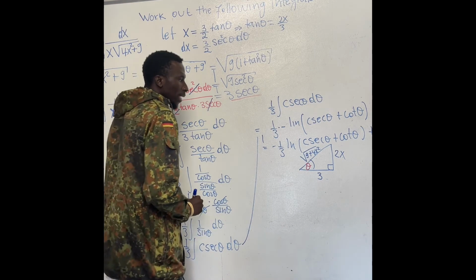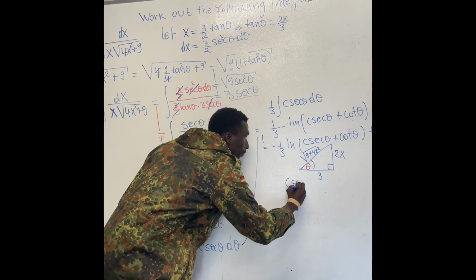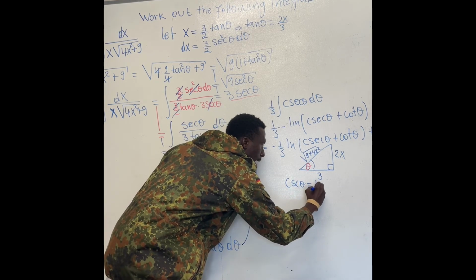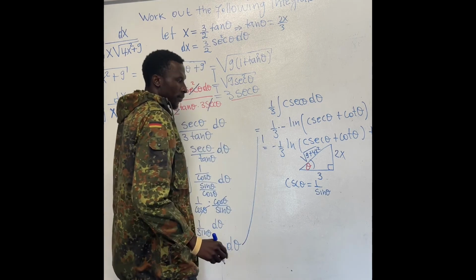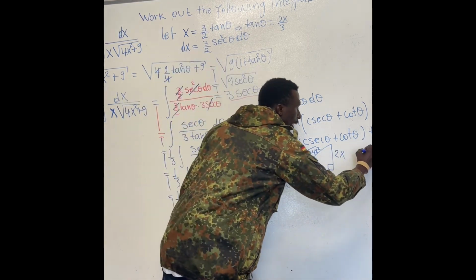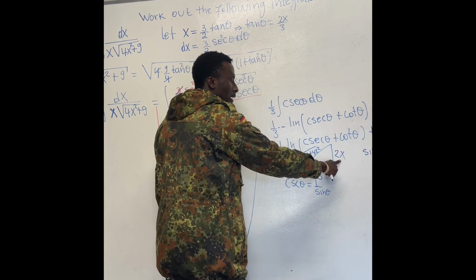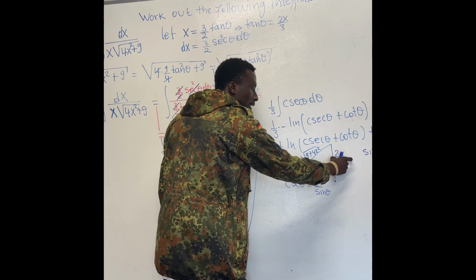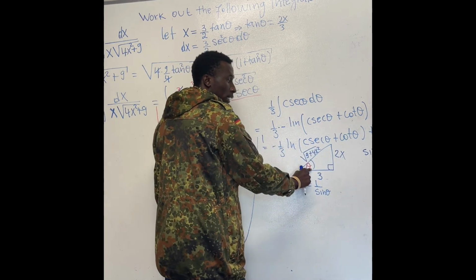What is cosec theta? Cosec theta is 1 over sine, so it means we have to find sine theta first. What is sine theta? Sine theta is the opposite side over your hypotenuse, opposite to this angle theta.